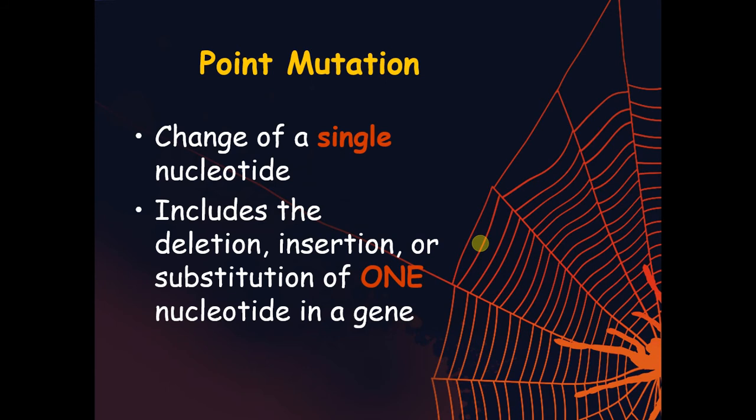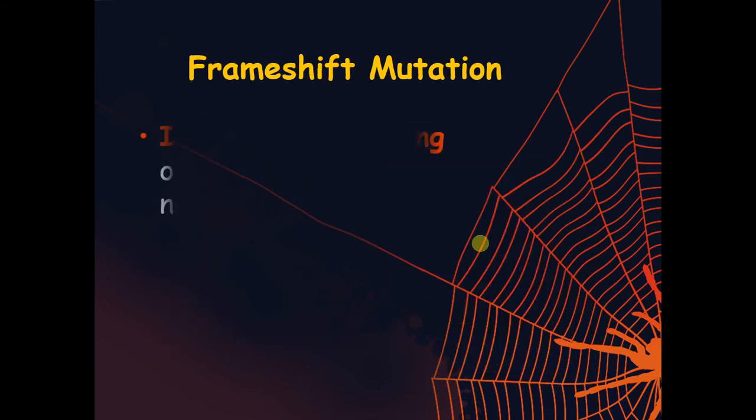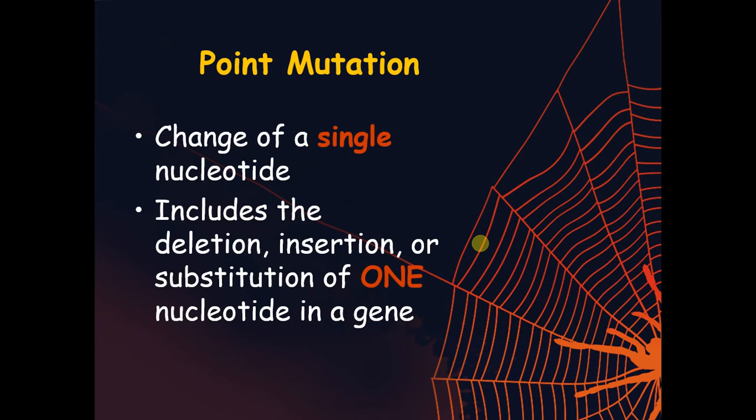Okay, so a frameshift can occur from a point mutation, from the insertion or deletion of a single nucleotide, but substitutions are point mutations that cannot cause a frame shift. The substitution of one nucleotide cannot cause a frame shift. The insertion and deletion of a nucleotide can cause a frame shift.